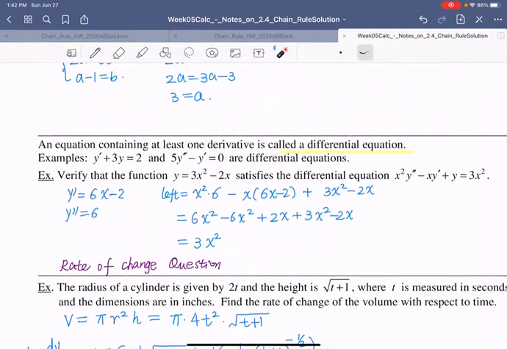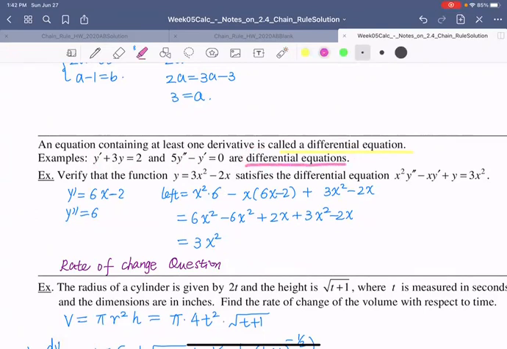For example here, y prime plus 3y equals 2, and 5 times y double prime minus y prime. In an equation, when you have your x and y prime, this is called a differential equation.